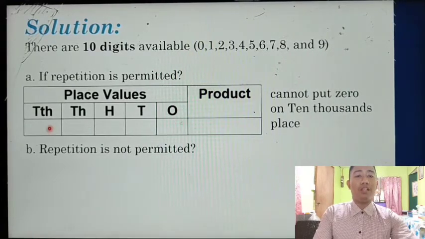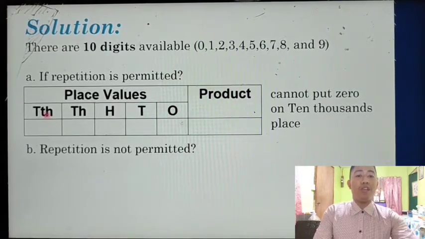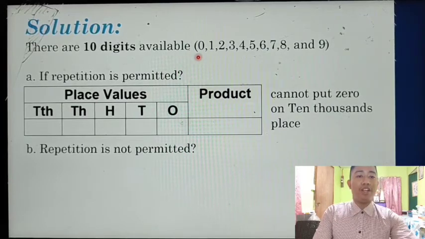Instead of 5 digits, we would be forming 4 digits because the first digit on the 10,000s place is 0. So on the 10,000s place, we subtract 1 from the 10 digits, excluding 0. So we have only 9 choices for the 10,000s place.